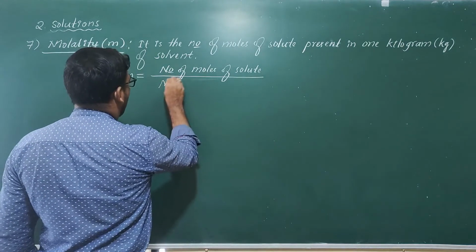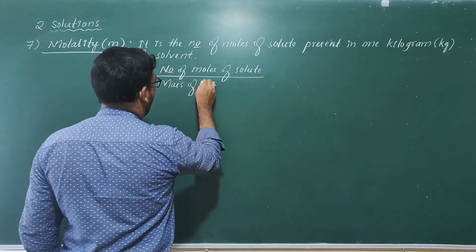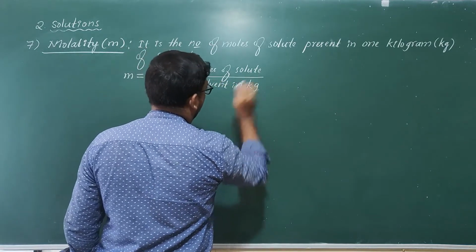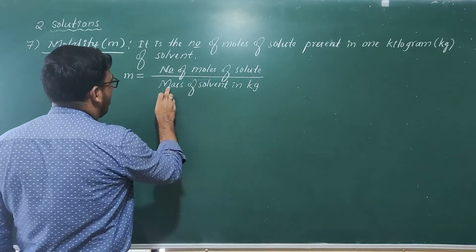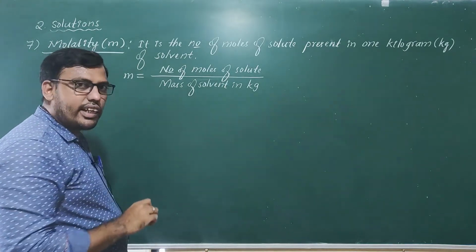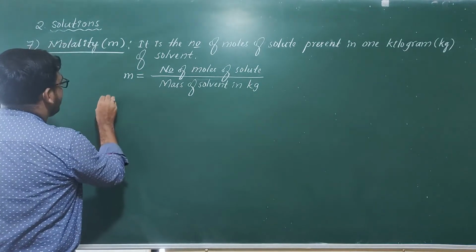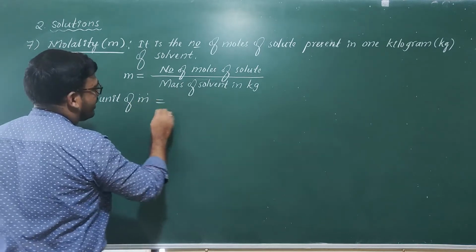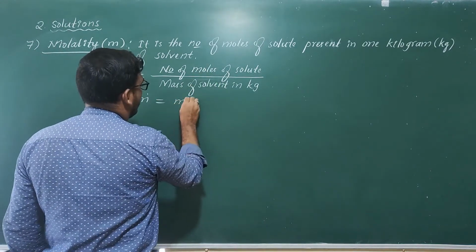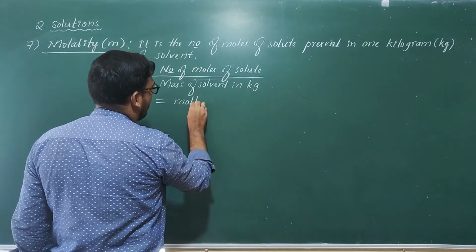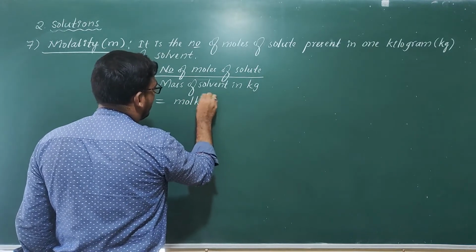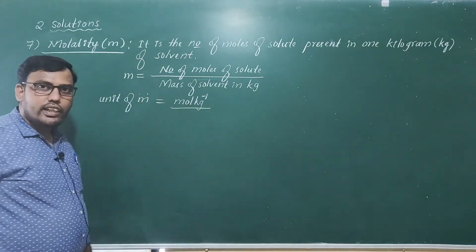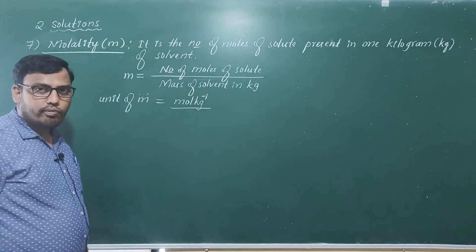So mass of solvent in kg. Okay, so from this it will be very clear that you can able to write the unit. So unit of molality, unit of small m, molality is, see in the numerator what we have? Unit mole. In denominator we are having kg. So therefore the unit is mole per kg. Mole per kg is the unit of molality.